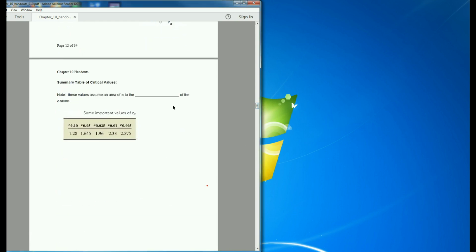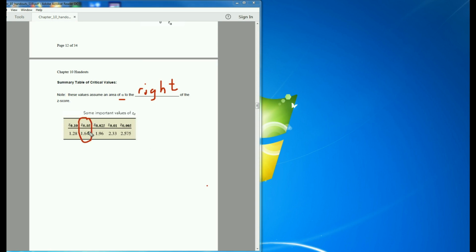All right, so here is just a summary of some important critical values. These values assume an area of alpha to the right of the z-score. Okay. So, for example, the one for the left-tailed and the right-tailed that we just looked up, that was this one.